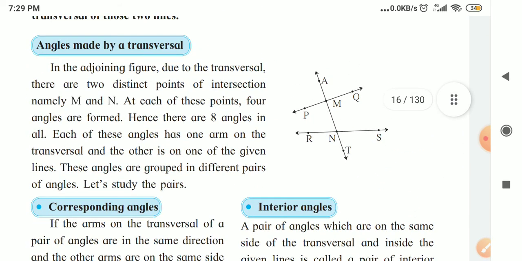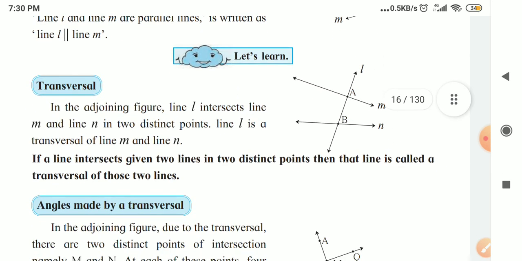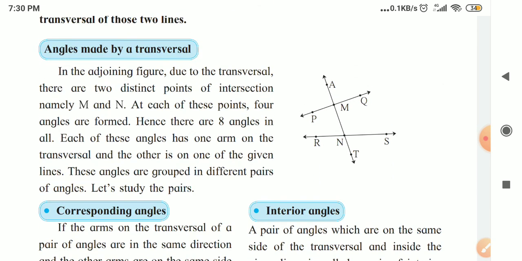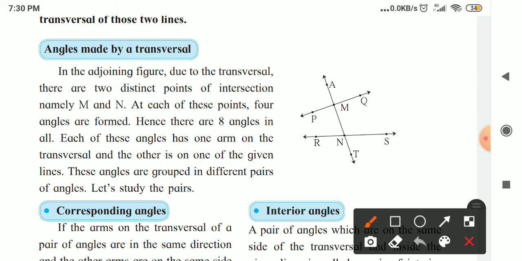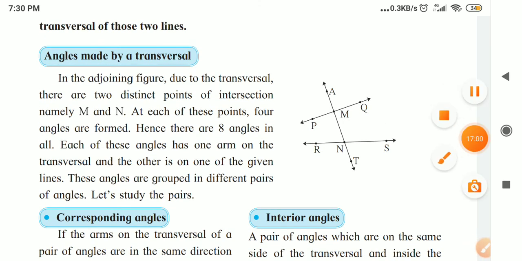And today we will stop here, understanding which are the parallel lines, which is a transversal, which are intersecting lines, and how many angles are formed when two lines are intersected by a transversal at two distinct points. Then how many angles are formed and what is the position of those angles on the lines and the transversal, that we have seen today. So today we will stop here, and which angles are found, that we will study in tomorrow's lecture. Okay, thank you and have a good day.